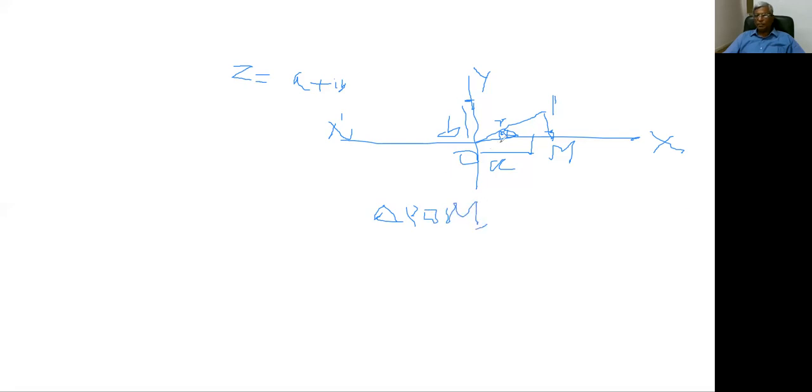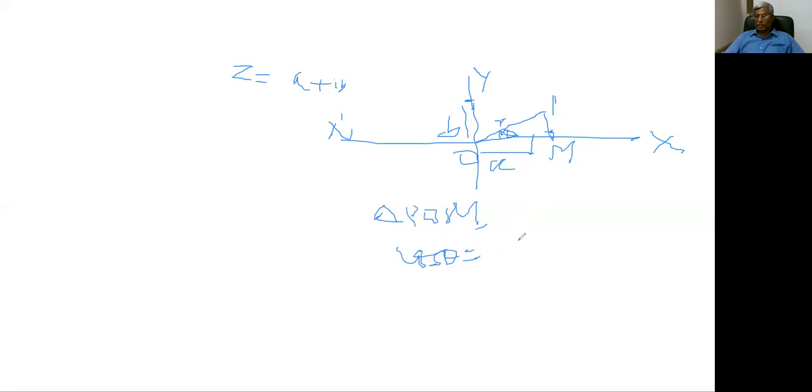What are you finding from this triangle POM? Please find cos theta. This is what? Base divided by hypotenuse.